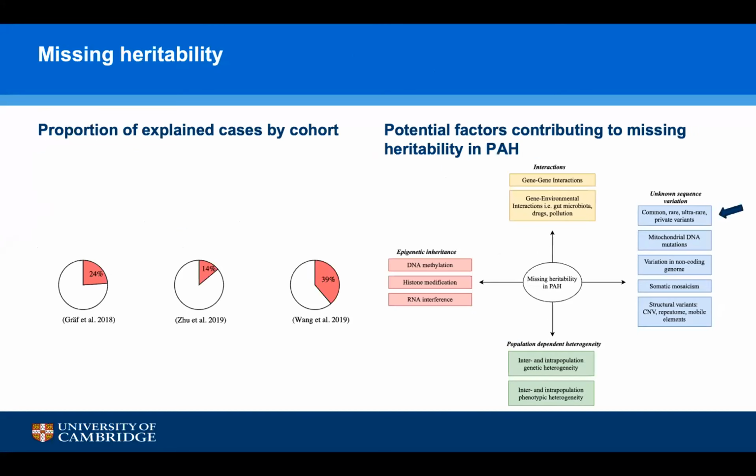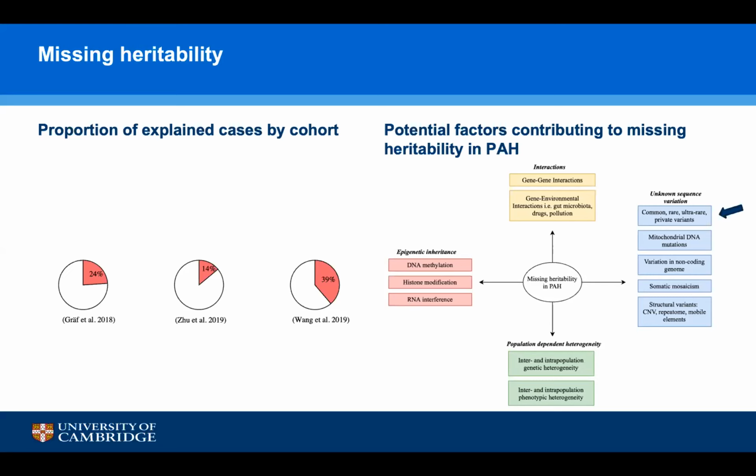So the proportion of unexplained cases varies from study to study. In the study by Graf, published in 2018, which is a study from NIHR BioResource, around 24% of cases with sporadic disease had a causal genetic cause identified.